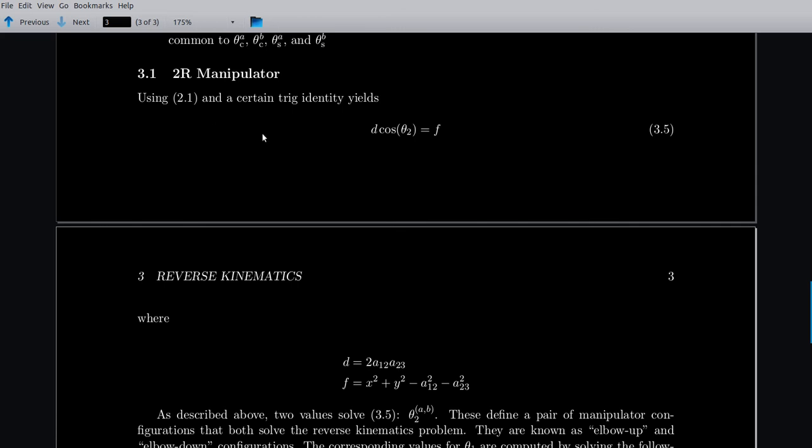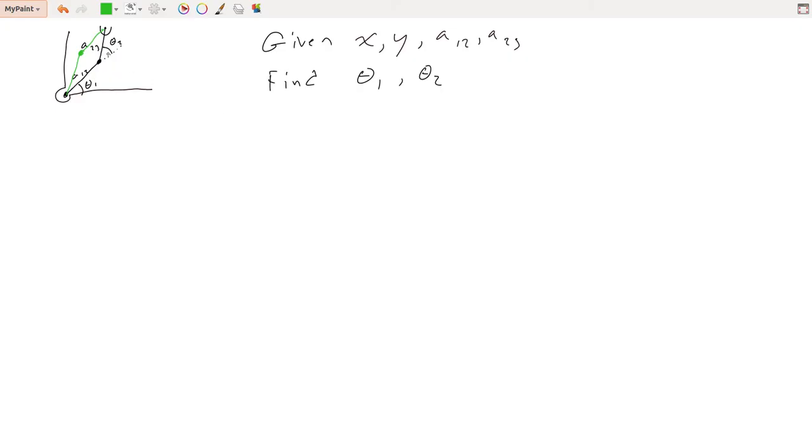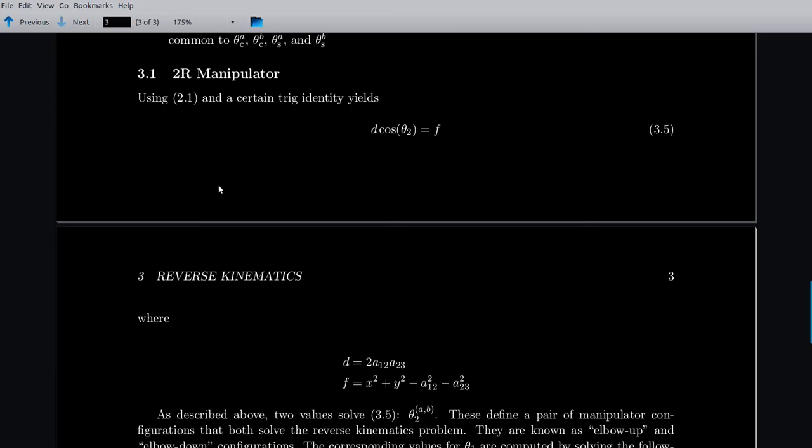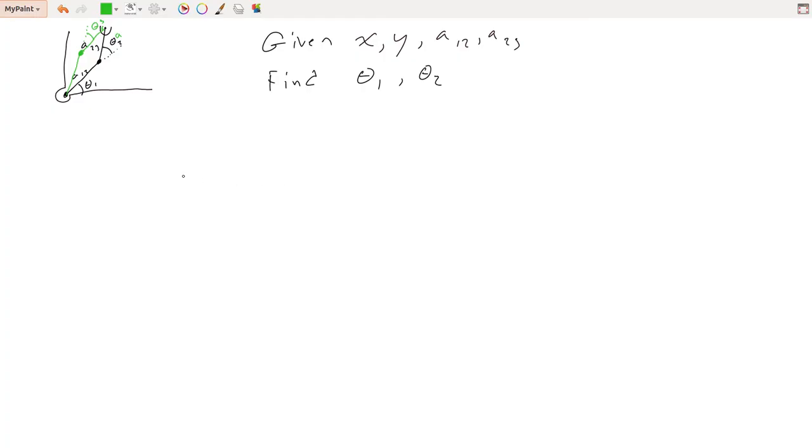So we start off finding the angle theta 2. We'll find theta 2A and theta 2B. So here's theta 2A and theta 2B. We're going to do a numerical example here, and so we're going to use this for our data.